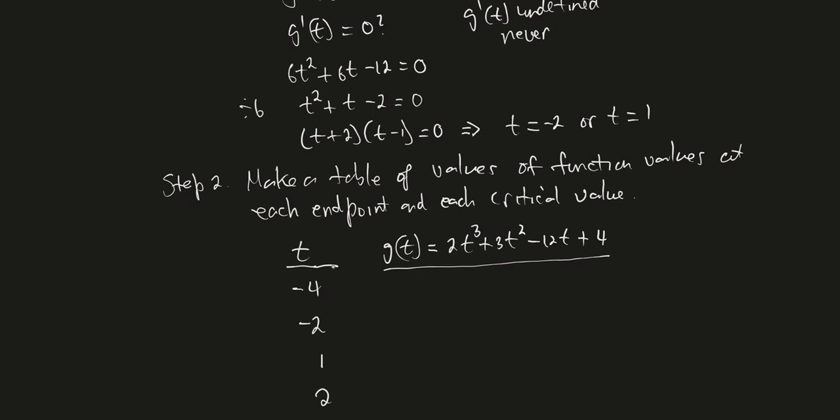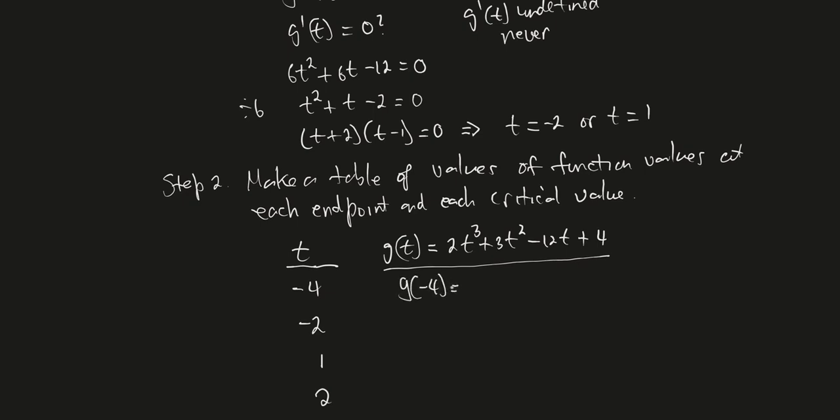So let's take our function and evaluate it at these four numbers, and then see which one gives us the highest of the high, just the largest function value, and which one gives us the lowest function value.